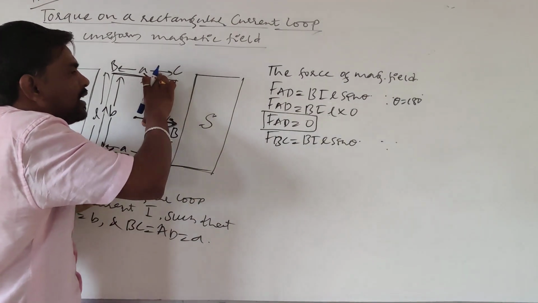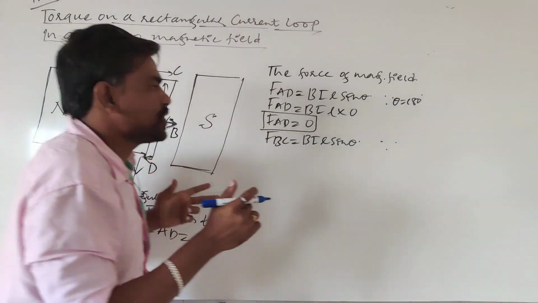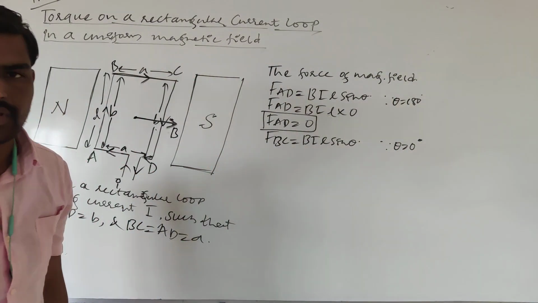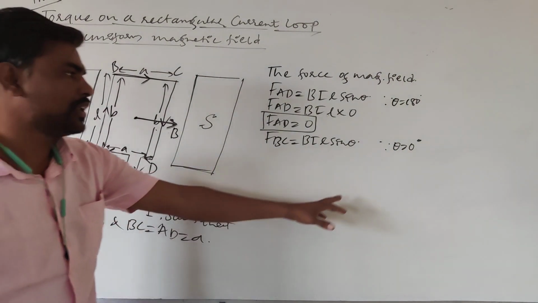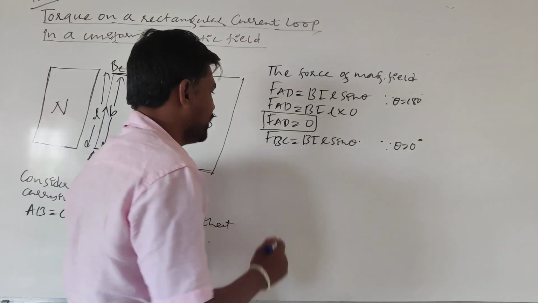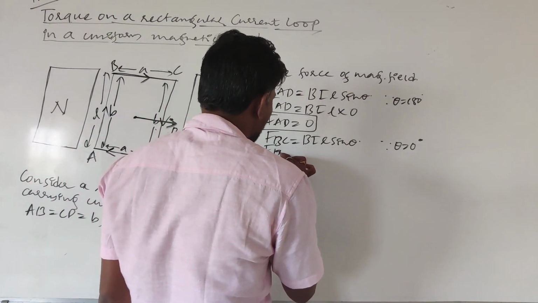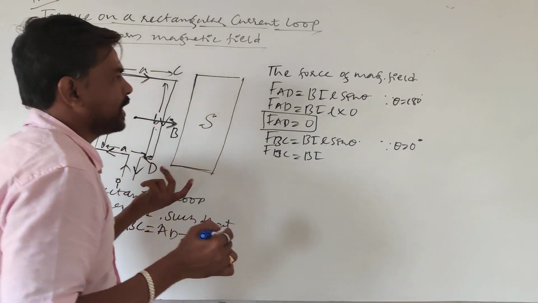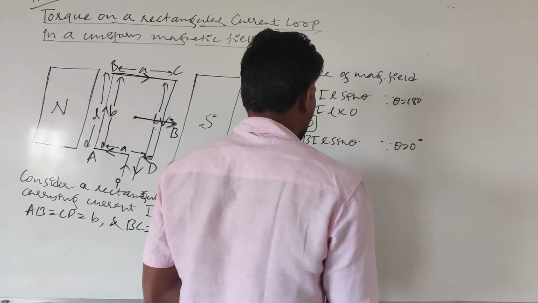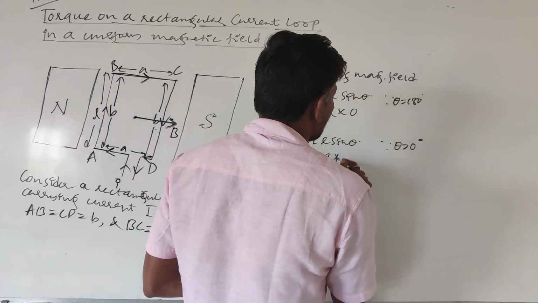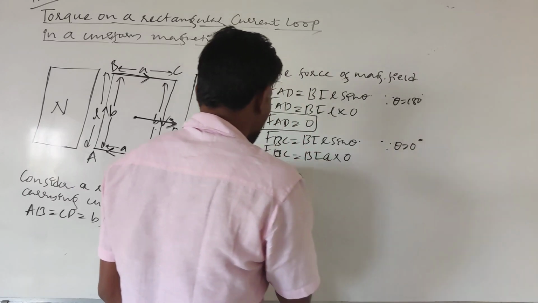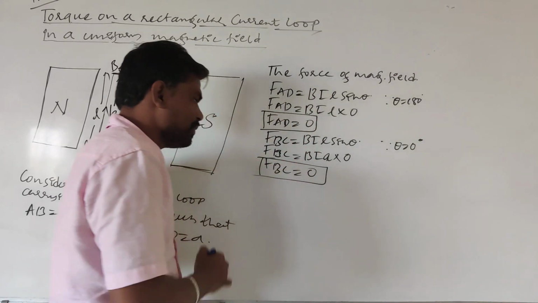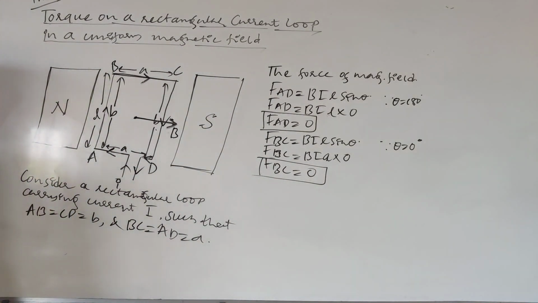So the angle between these two, how much? Theta is equal to 0 degrees. So FBC is equal to BIL, length is A, A into sin 0. Sin 0 means 0. So FBC is equal to 0.